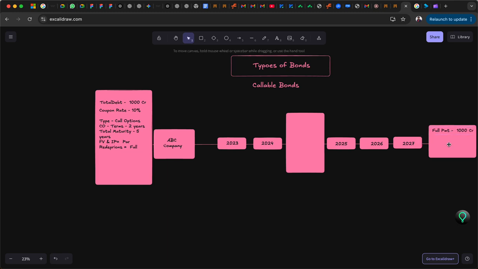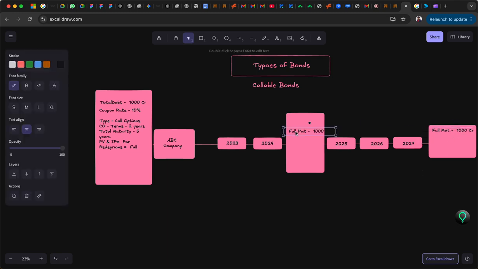And every year, the company will pay interest of 10% on 1,000 crore, which should be 100 crore, right?